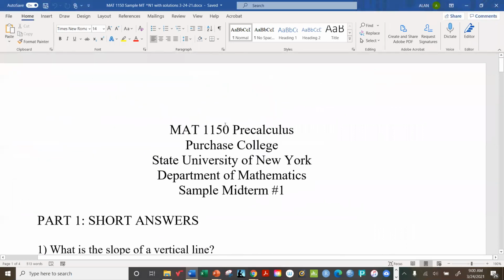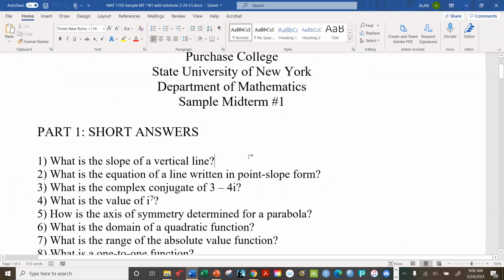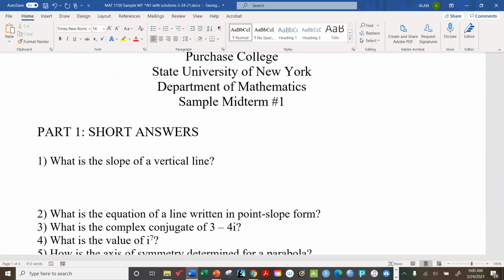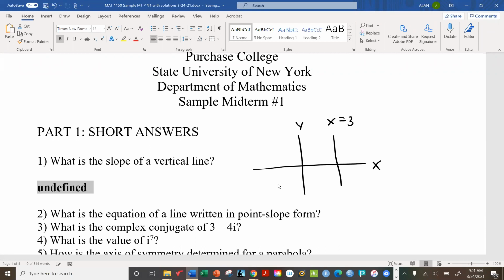So first of all, what's the slope of a vertical line? Now, this is kind of a trick question because it's undefined. Why is that? Because if you look at a vertical line, for example, x equals 3, the slope, as you know, is delta y over delta x.